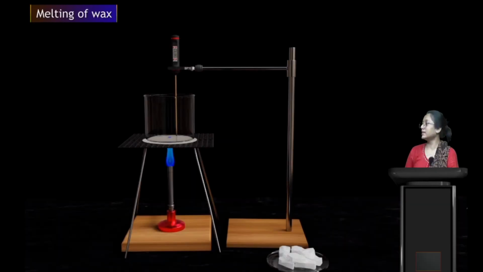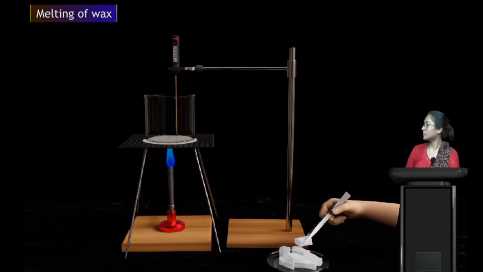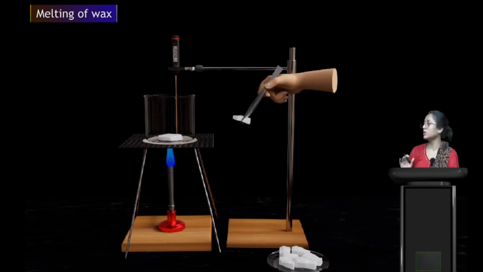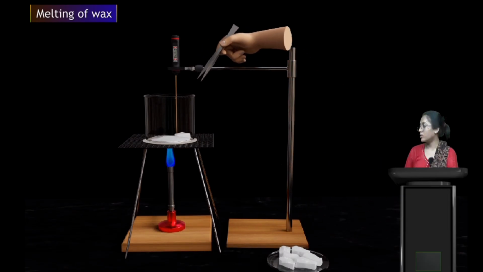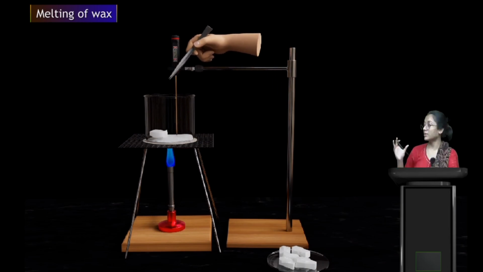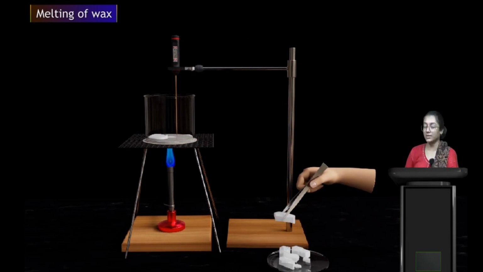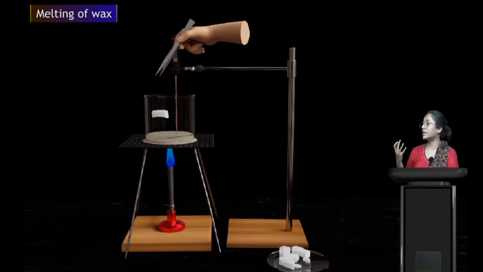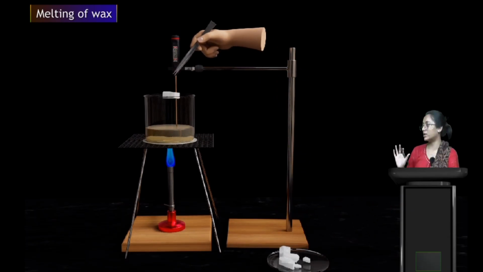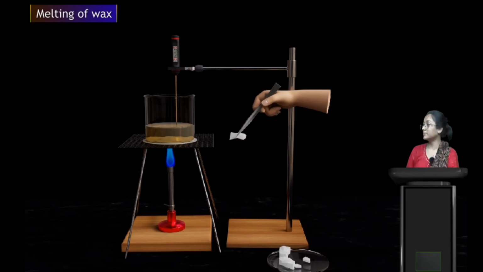Now, the second case is melting of wax. We are taking some wax and, similar to earlier, we are heating it. The solid wax started to melt and became liquid as we heated it.